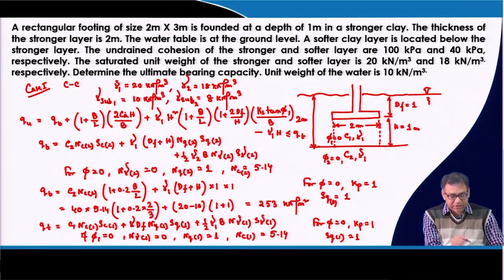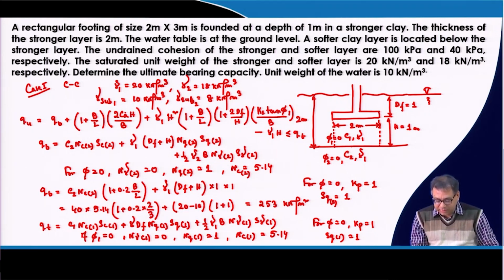In case 1, I discussed that the strong top layer is a stiff clay with a C value of 100 kPa, stronger compared to the second layer, where the C value is considered as 40 kPa.